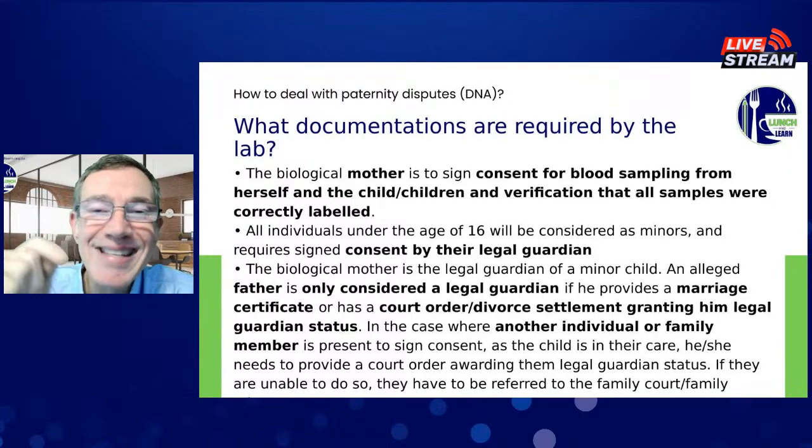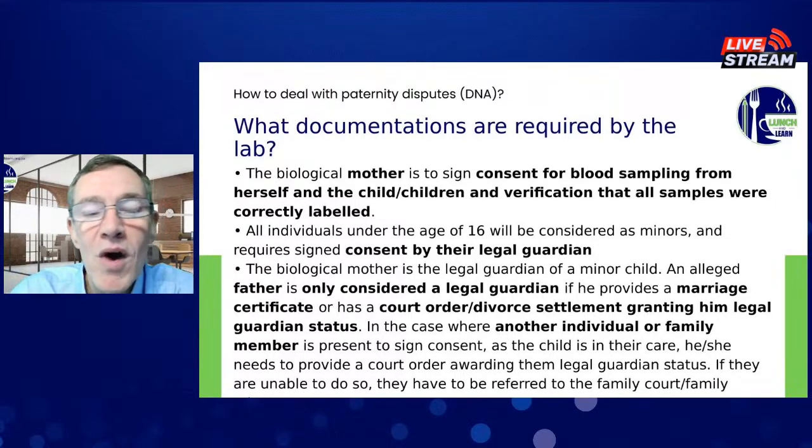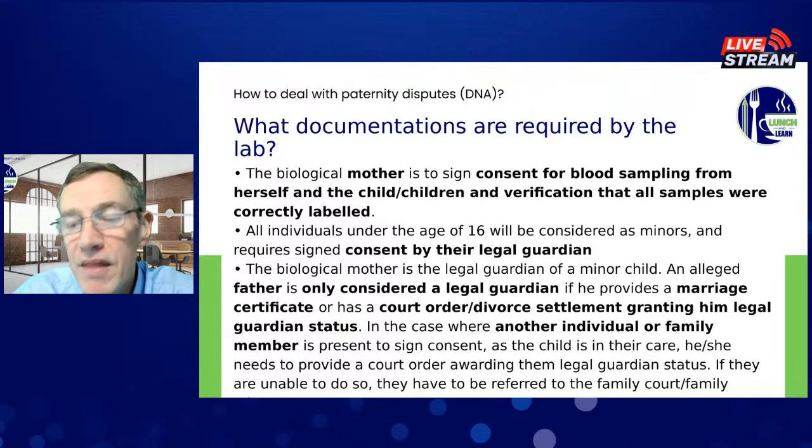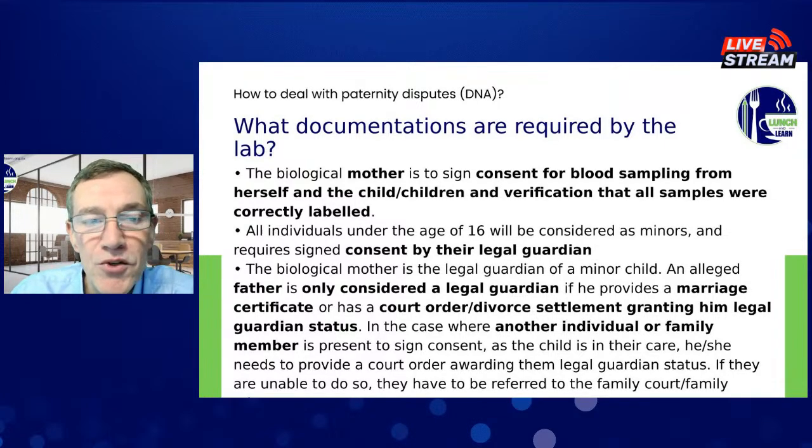So in this instance, one of the requirements is that the mother, the one that also gave blood, needs to confirm that the samples were correctly labeled. And that's usually just with a number. They would read out the number and you would repeat it back to confirm that that is indeed the correct tubes of blood that have been drawn.